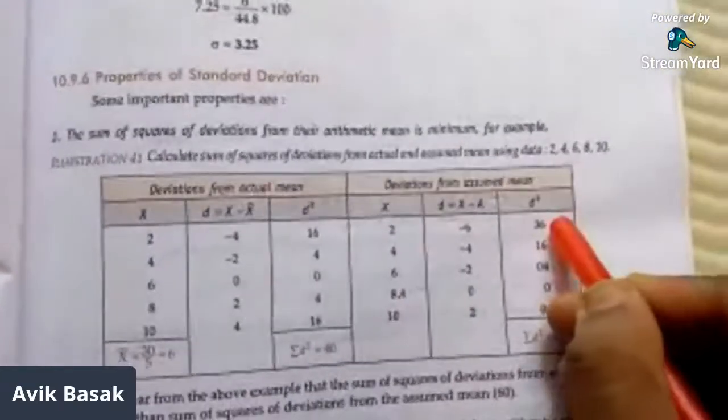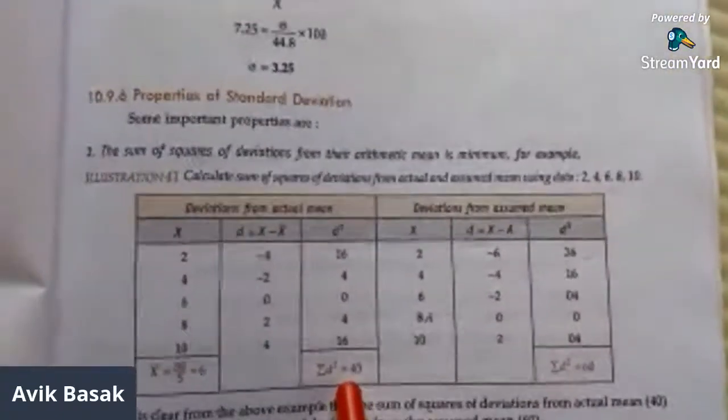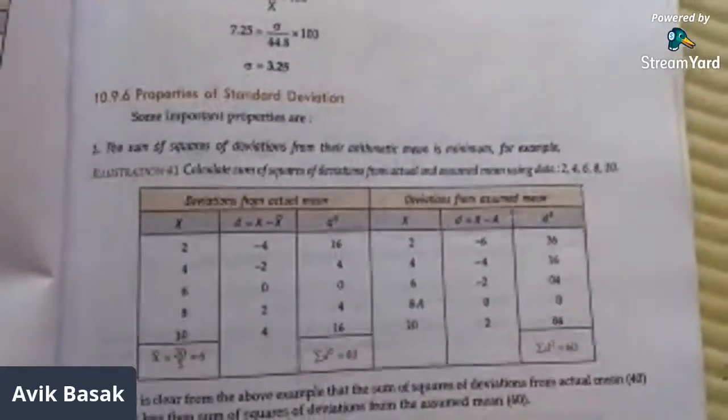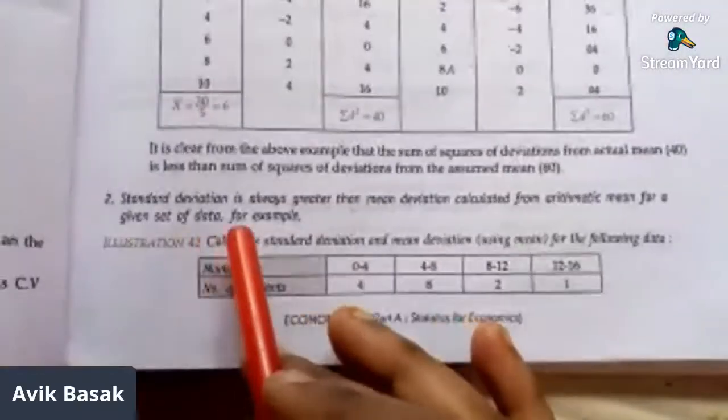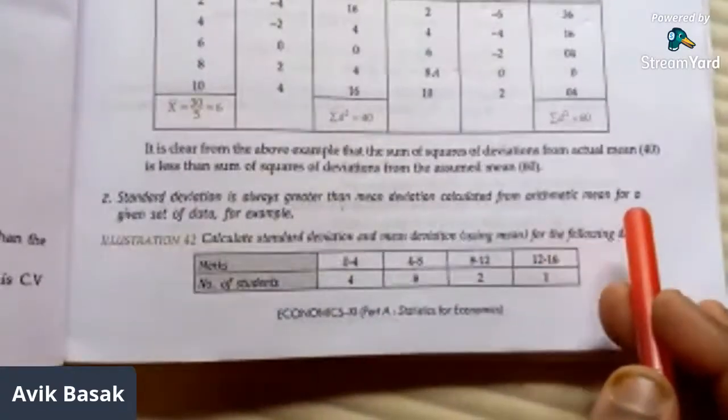Then D square, then add the total D square. See, from the actual mean, the sum of square of deviation is minimum compared to the assumed mean. So it is proved.